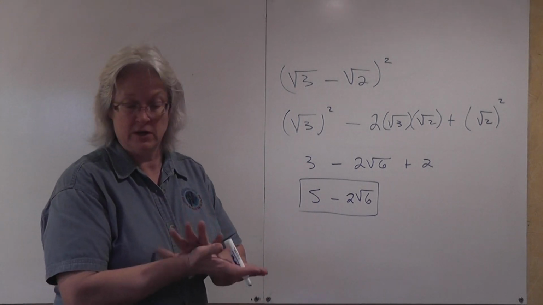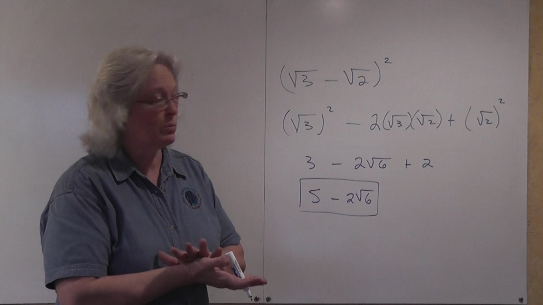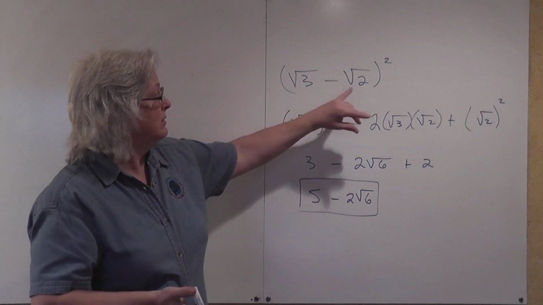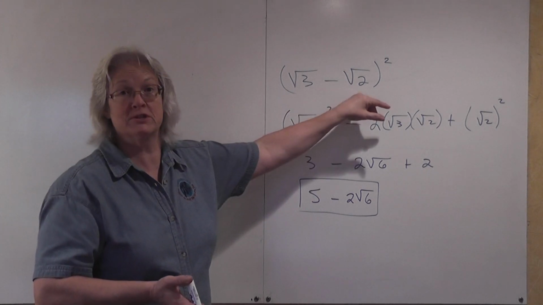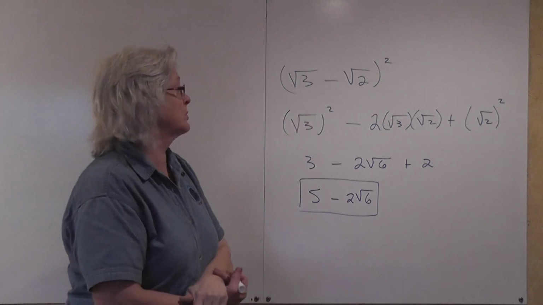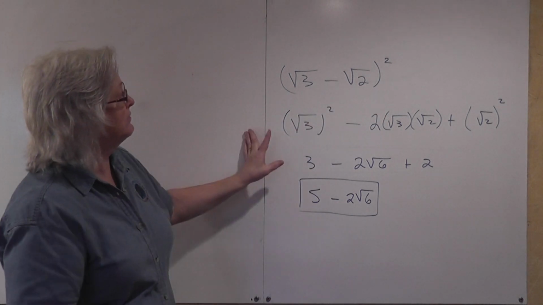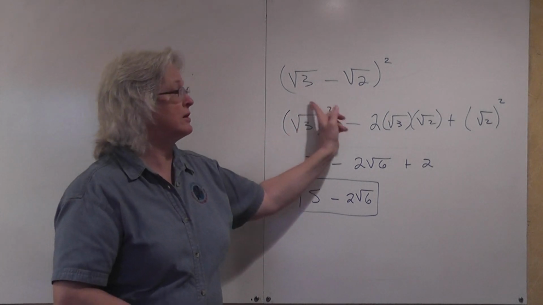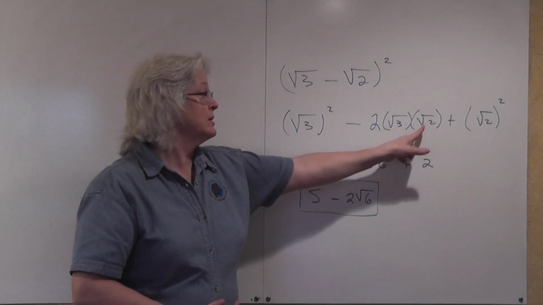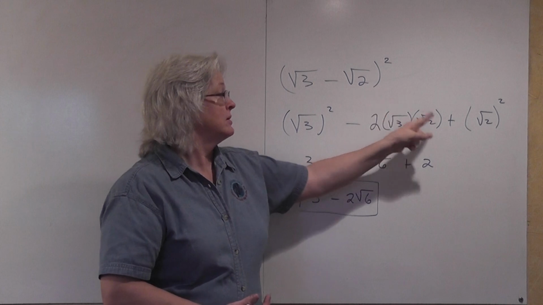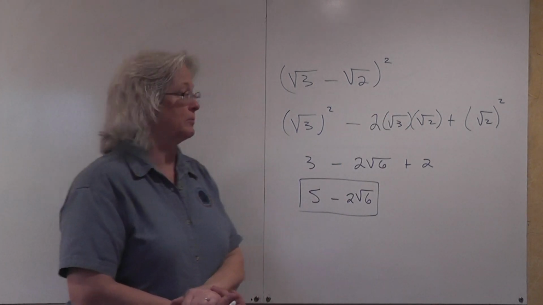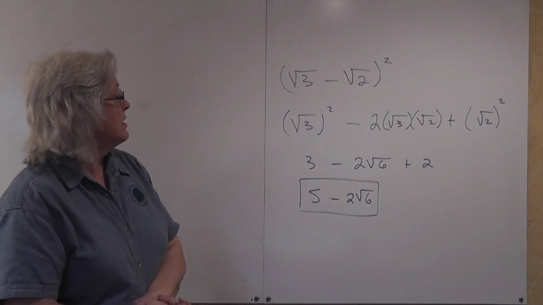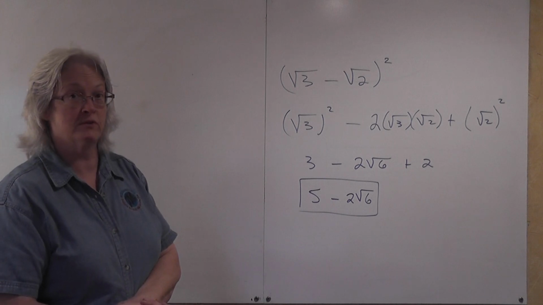No, but you have to understand how to work with patterns that are similar to doing perfect square trinomials. Square root of 3 squared minus twice the product of the terms plus the square of the second term gives us 5 minus 2 times the square root of 6.